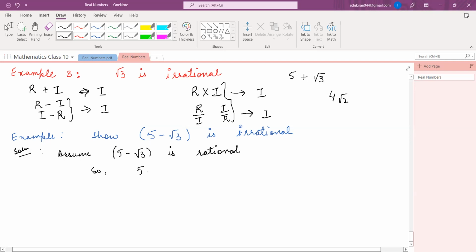So 5 minus root 3 is equal to p by q, where p and q are integers and q is not equal to 0. Fine. Okay. Now again, we will do the same thing. We will reduce it into the simplest form. So suppose p and q have a common factor.